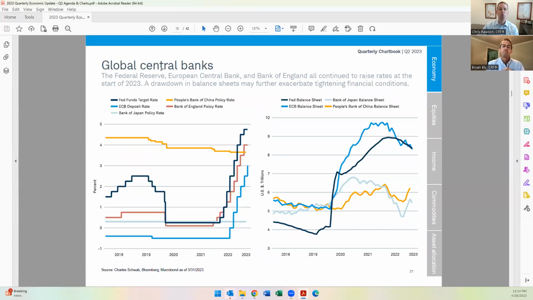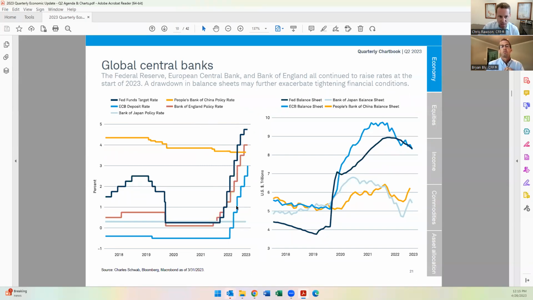Okay, so central banks around the world are dealing with inflation. How are they dealing with inflation? In the US, this is our US Federal Reserve in blue. So we see interest rates rising. This is the European Central Bank in this lighter blue color.